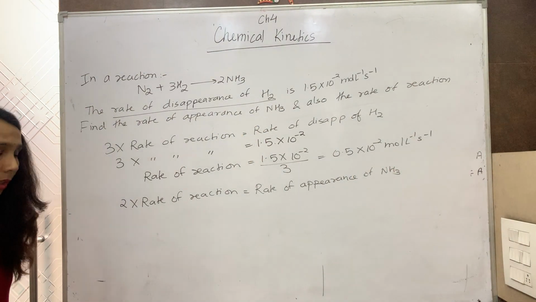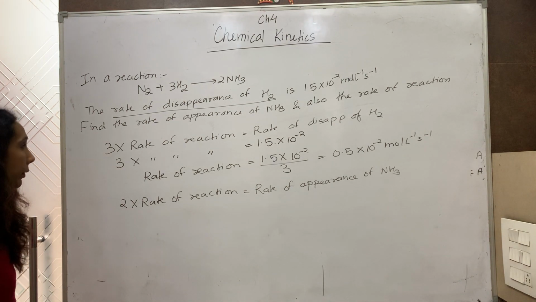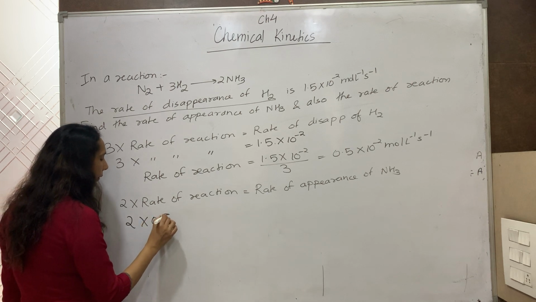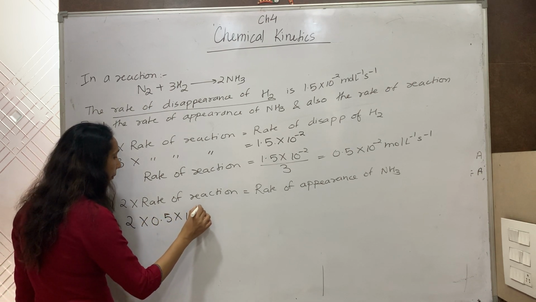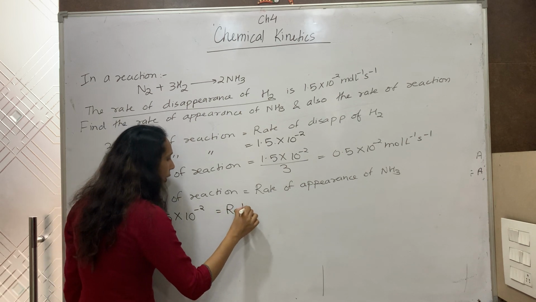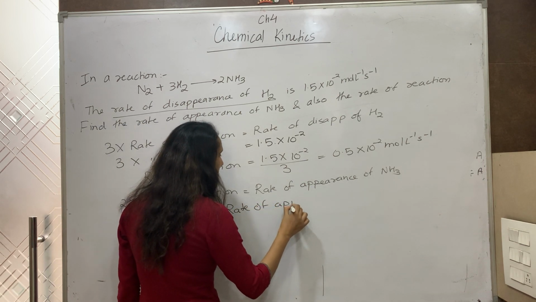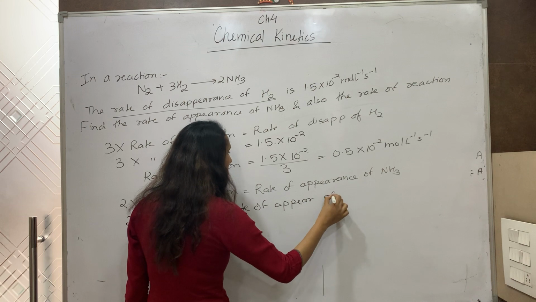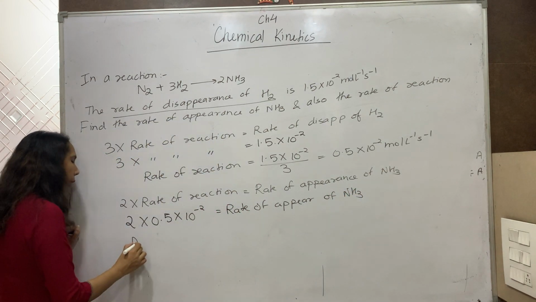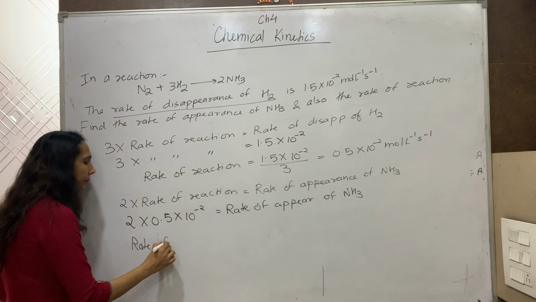Now, we know the rate of reaction, we have already calculated. So 2 into 0.5 into 10 to the power minus 2 will be equal to rate of appearance of ammonia. So finally, what is the answer for rate of appearance of ammonia?